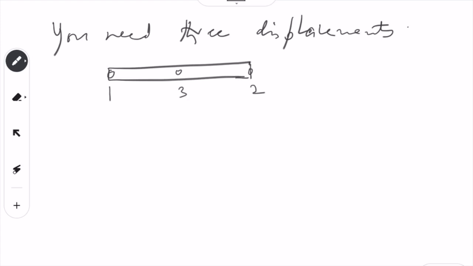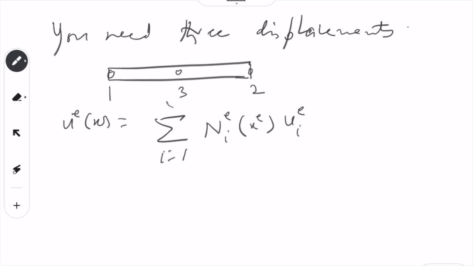Now you can write u^e(x) equal to a summation of N_I^e(x^e) times u_I^e, with I equal to 1, 2, 3, where N_I^e is a quadratic shape function.